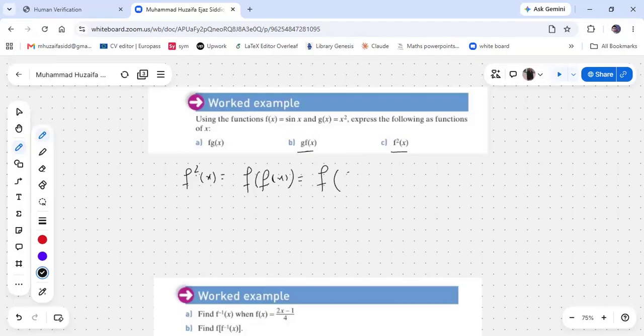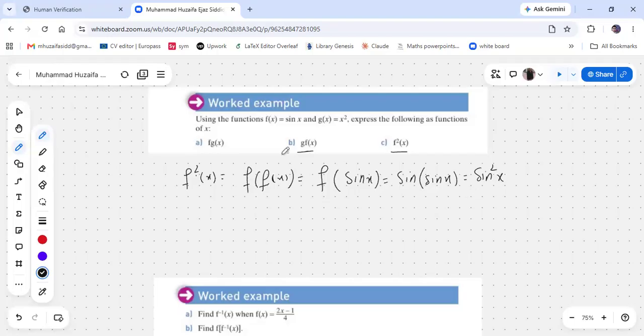F of x is sine of x, and sine is as it is, and we replace the value of x with the sine of x. So this is sine square of x.